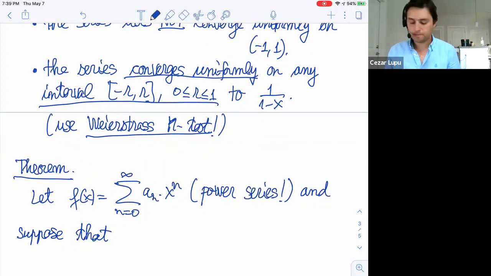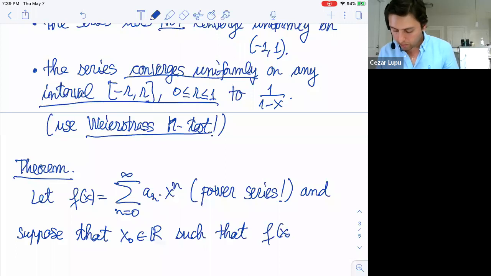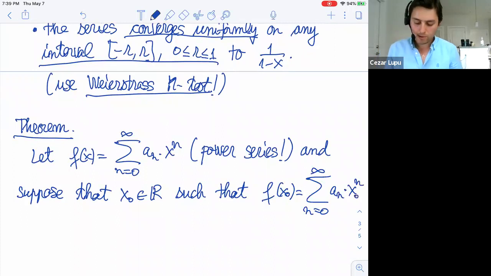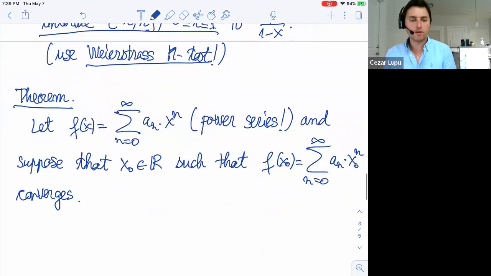Let's say x naught is a real number such that this series f of x naught, so at the point, which is nothing else than the sum of a_n x naught to the n, converges. Just converges. I'm not implying anything about uniform convergence.